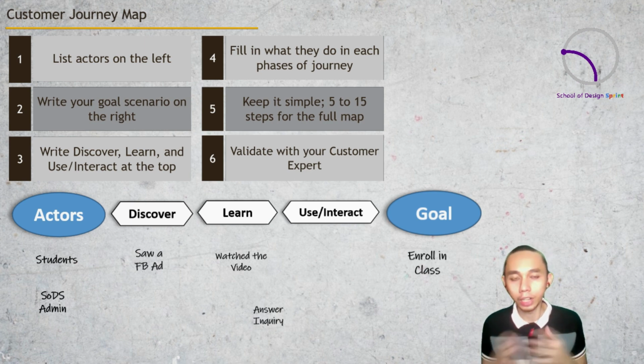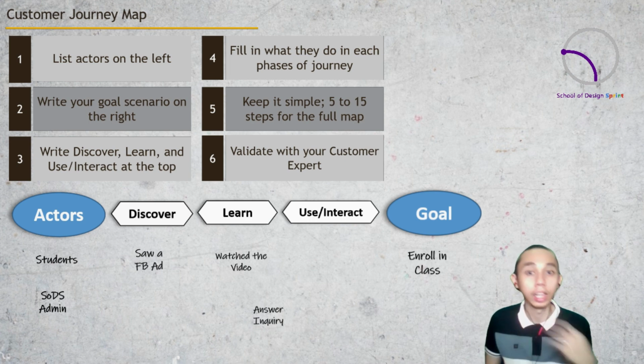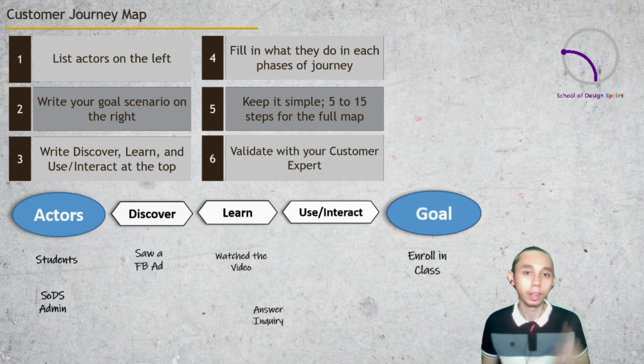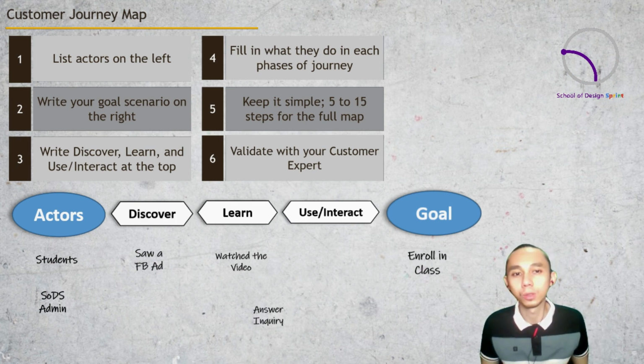So in your case, I'll create one scenario. The actor is you. Discover is when you, let's say, encountered us on Facebook. You've seen our Facebook ad, full of design sprint, with a picture of me. Oh, it's full of design sprint. So this is about innovation, right? You got curious. You click, you try to learn more. You read, what will I learn from this?